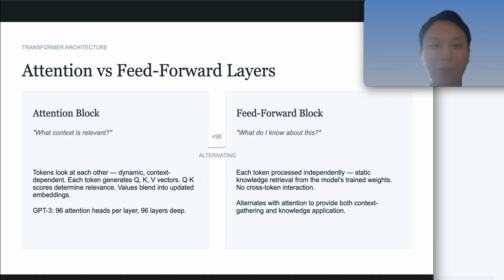And then you go back to your attention block and, with your updated information, re-observe what to pay attention to, and then do this repeated loop over and over again. I think in GPT-3, we had around 96 layers. And so it would do this over and over again until it was ready to start generating an answer.